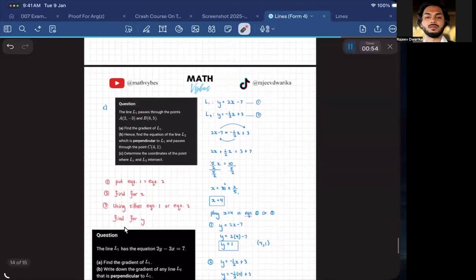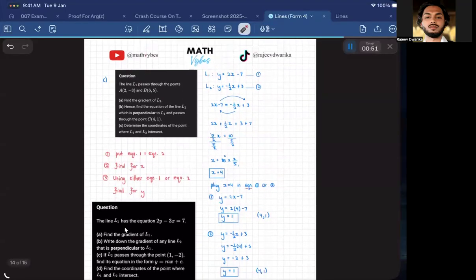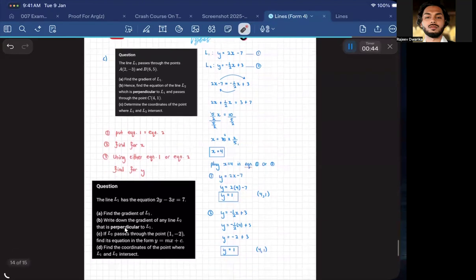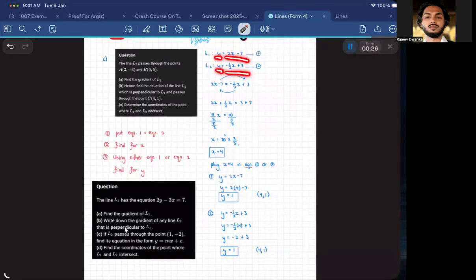But you see how simple the substitution method is in this case? Since both of the equations are equal to y, you could just put them equal to each other. That makes sense, right? Yeah, I wasn't seeing that before. But now you're seeing it, because both of them equal y, it means that 2x minus 7 is equal to minus a half x plus 3. And from there, you could just solve. Let me know if you're okay with this. Yes, I am. Okay, nice.